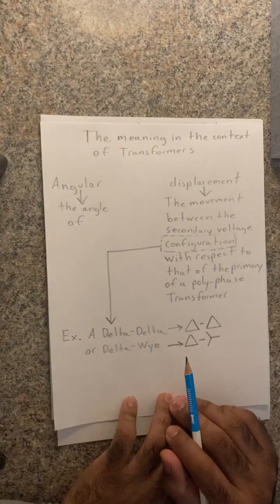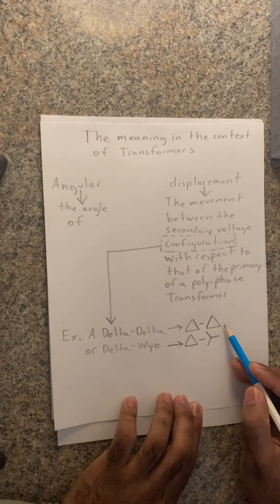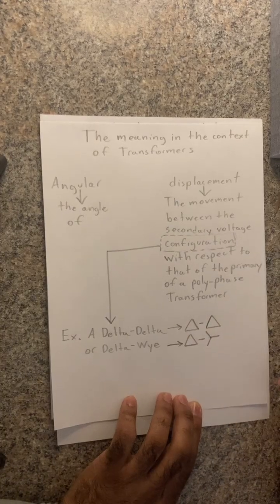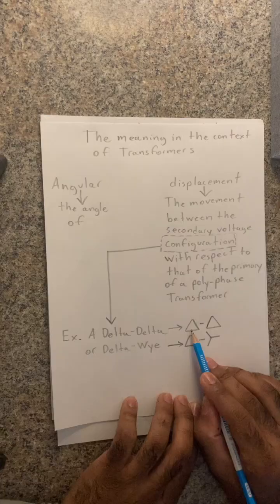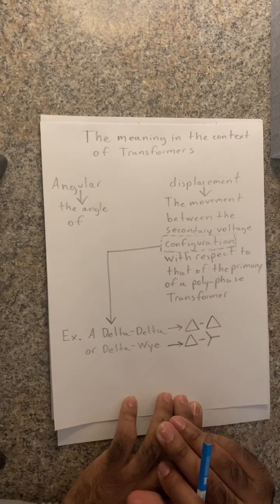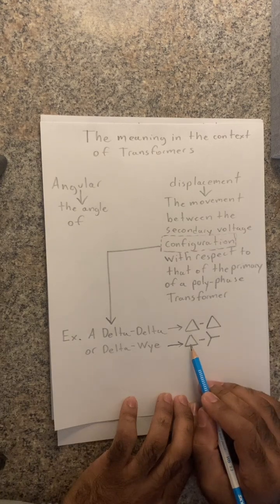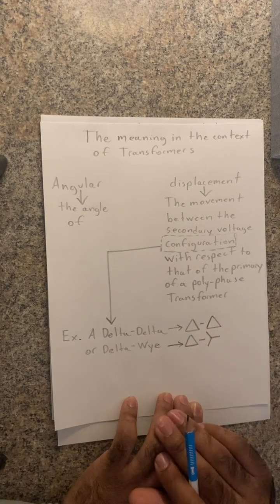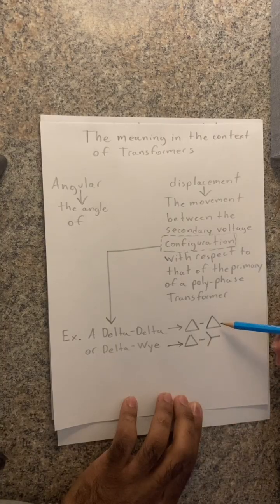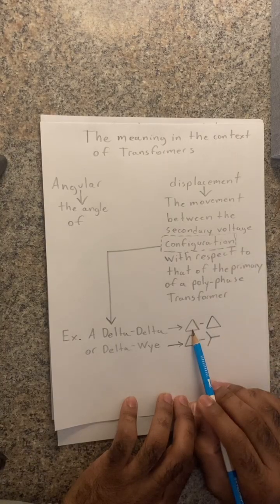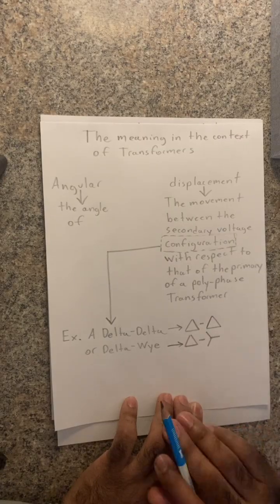Here, there are generally two possibilities. Similar to here, there are generally two possibilities. In this instance, the angular displacement will be 0 degrees. In this instance, the angular displacement will be 30 degrees. We will get into the particularities of how this angular displacement is 0 and how this angular displacement is 30 degrees.